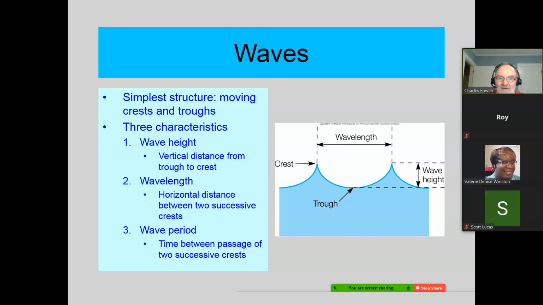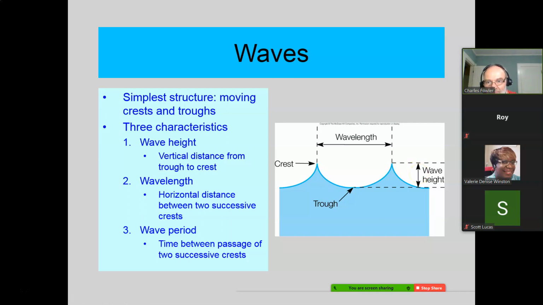First, we have what they call the wave height. The wave height is the distance between the bottom of the trough, that's the lowest part of the wave, and the top of the crest, the upper part of the wave. That's your wave height, and that's measured in a length measure. You can measure it in inches, feet, meters, yards, centimeters, whatever.